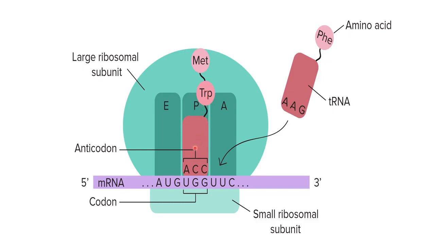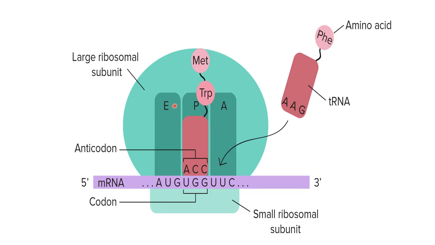Now what will happen when this second tRNA comes here? The initiator tRNA, which has now reached the exit site, will leave from here. What was the amino acid present on the initiator tRNA? That was methionine.